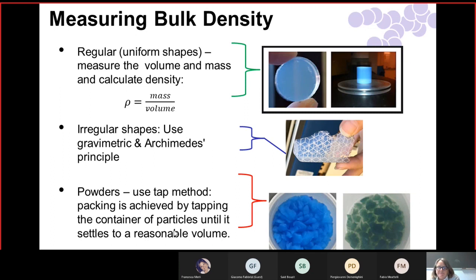This is not a very good way of measuring density because it includes in that volume the spaces that aren't filled by the particles or the powders. If you have a fine powder, it works well, but these are on the order of 5 millimeters in size, so they don't pack completely. So you tend to overestimate the volume, which means that you underestimate the density a little bit.